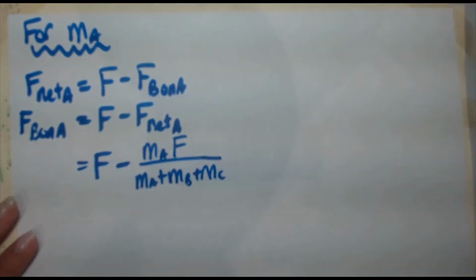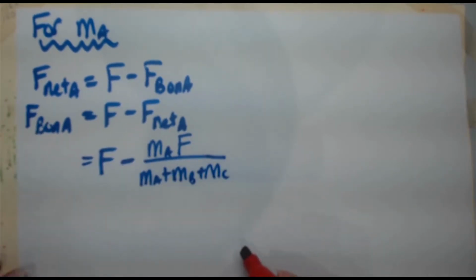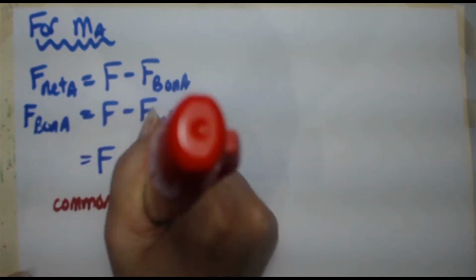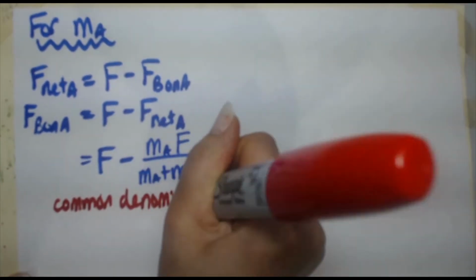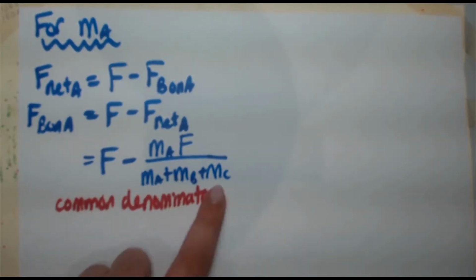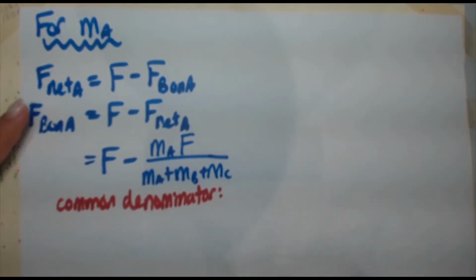Now, your earlier understanding of mathematics should tell you at this point that in order to combine these two into a single expression, I need a common denominator. While the F simply has a denominator of 1, we're going to have to match the denominator to what we have here, m_A plus m_B plus m_C. So the next part's going to get a bit long.